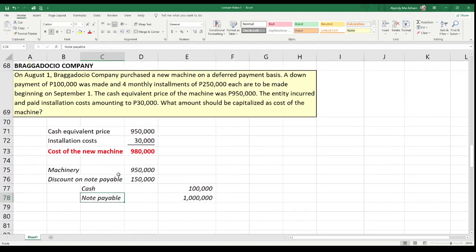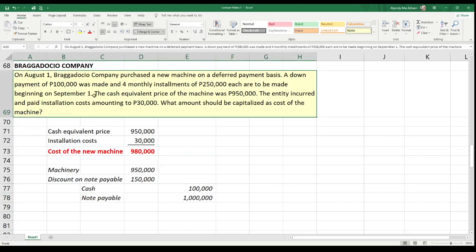Okay. But actually, this is September, right? September, October, November, December. Actually, by December, it will end. It will be fully paid. So, actually, if you think about it, you no longer need to compute using the outstanding balance method. Because, class, at the end of the year, take note, you only compute interest every end of the year.